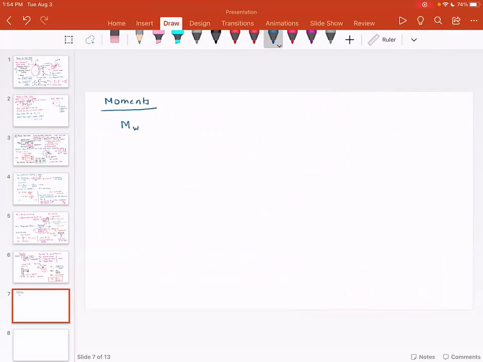Moment due to WR is equal to WR multiplied by 150, because the beam is cantilever. Moment due to WT is equal to WT multiplied by 150.